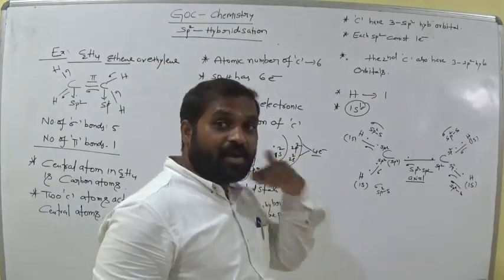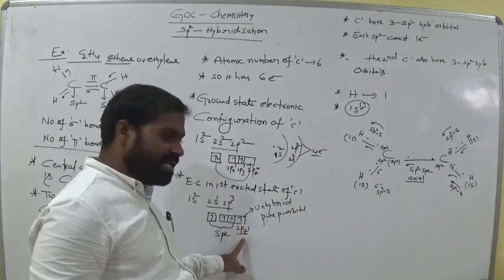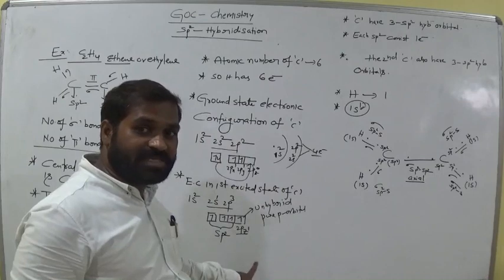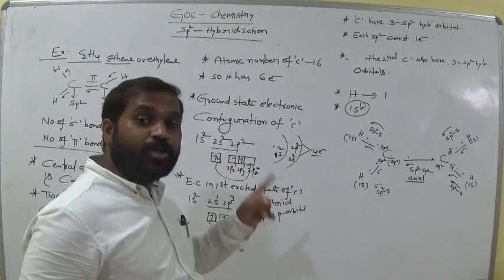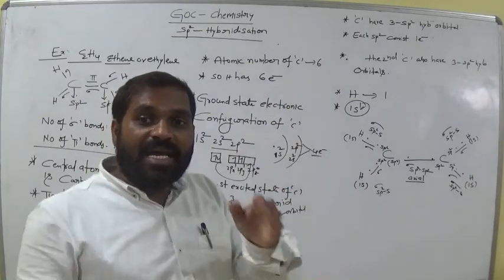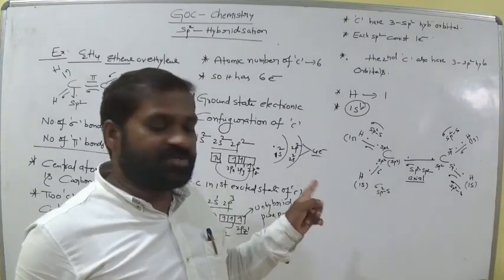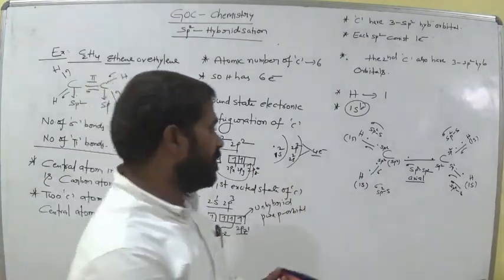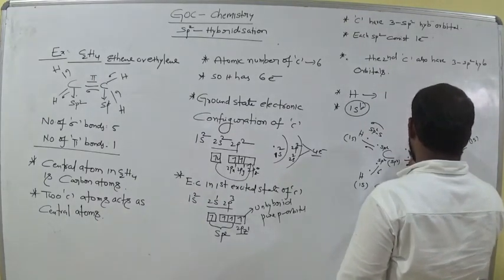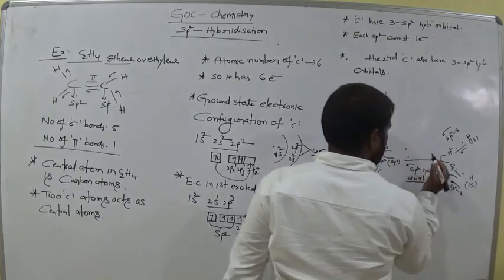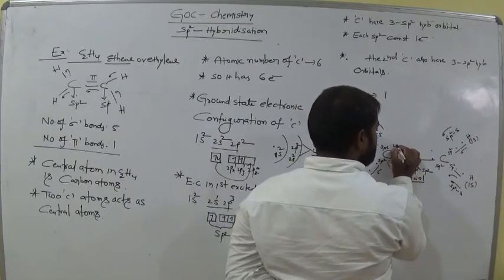Now how is the pi bond formed here? In the carbon, a 2pz orbital is there. In the second carbon also a 2pz orbital is there. So the 2pz orbital of this carbon and the 2pz orbital of another carbon undergo lateral overlapping. Which bond does it give? Pi bond. Listen. One electron from this carbon, one electron from this carbon, from which orbital? 2pz orbital.